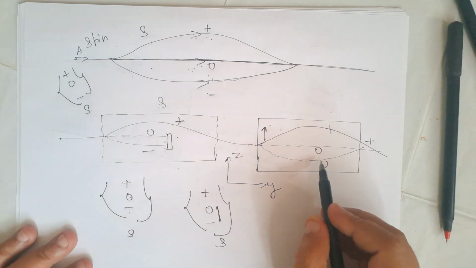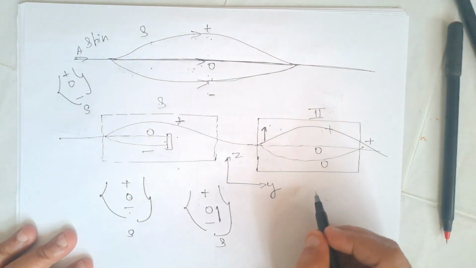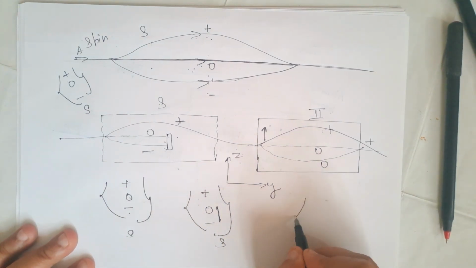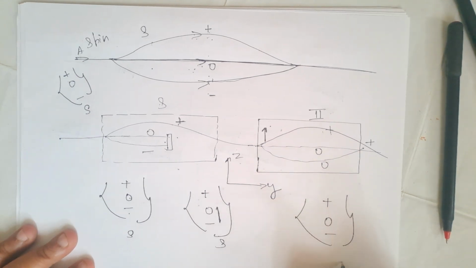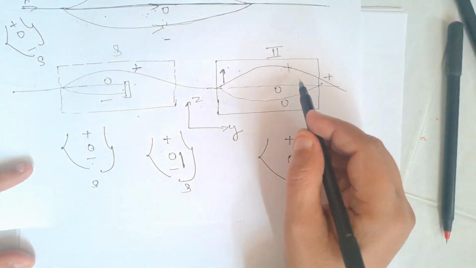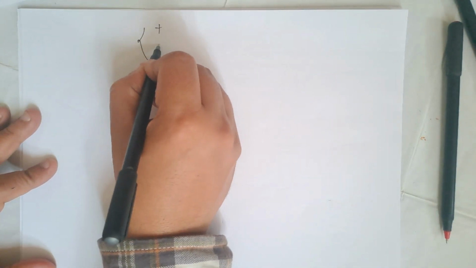And again this is the second apparatus, which has no filter. So this is the input, and again this is the output. This is the second apparatus. Again, if we apply the filter in the second apparatus too, then we can use the symbol like this one, 0 plus, 0 minus.